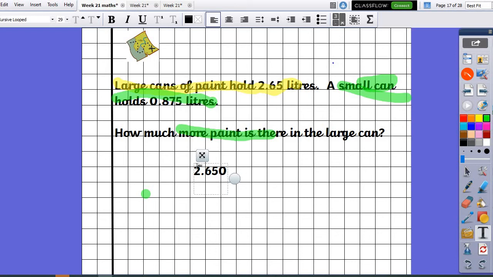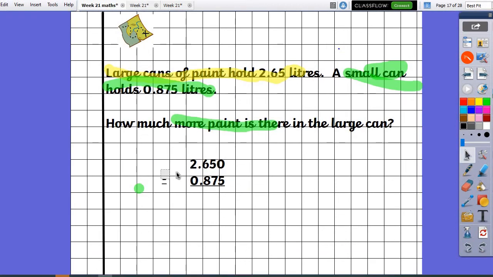I then know that 0.875. Okay, I can do that calculation quite easily. So here, I'm just going to underline take away there. So all I'm doing is taking away 2.65 and 0.875.